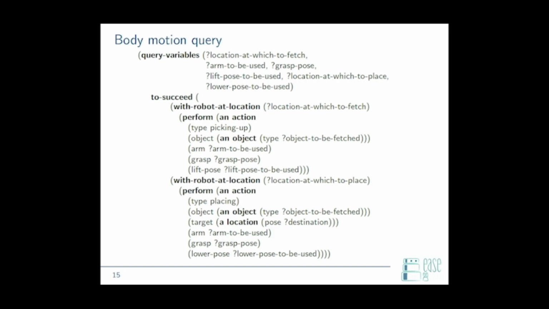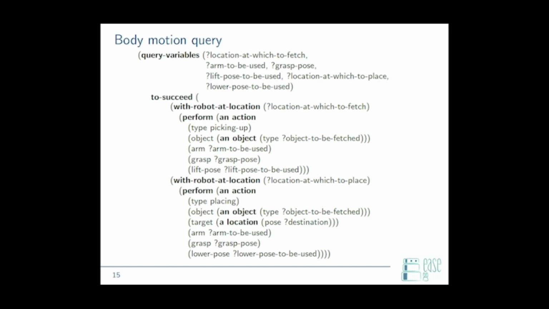Like the location at which to fetch an object, the arm to be used, the grasp pose, lift pose, and so on, that I have to choose in order to perform the general action plan for that task request successfully, right? And the reason that this is such a complicated reasoning task is that we want to find concrete parameters that imply the successful accomplishment of a very complex and underdetermined task request.